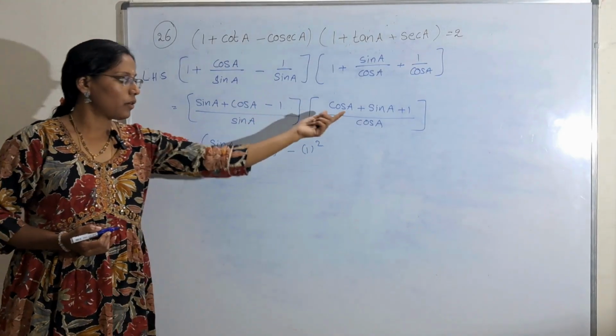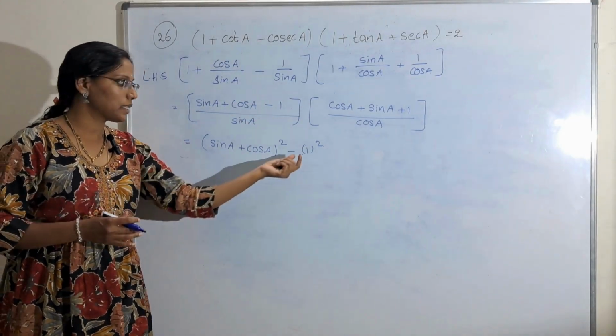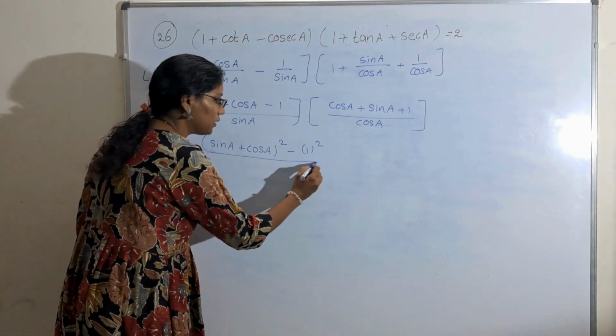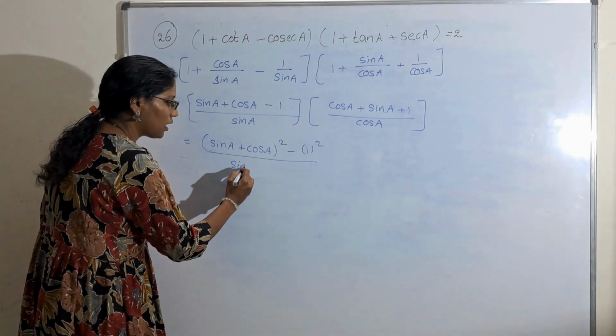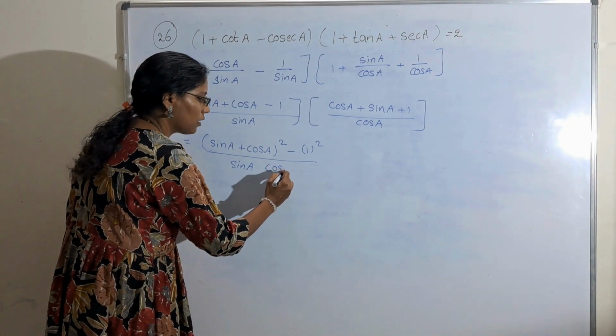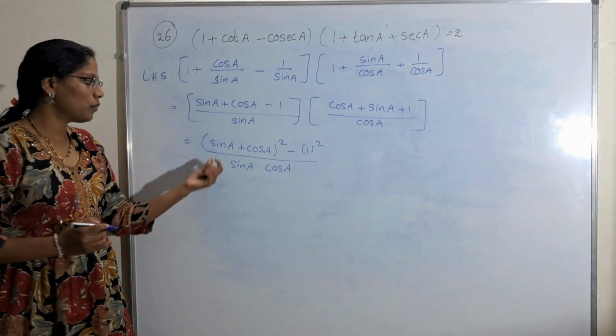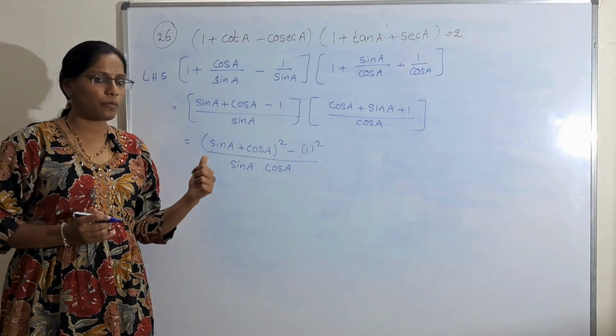Here we write it like the A square minus B square formula. Numerator: the A plus B whole square formula we can apply.